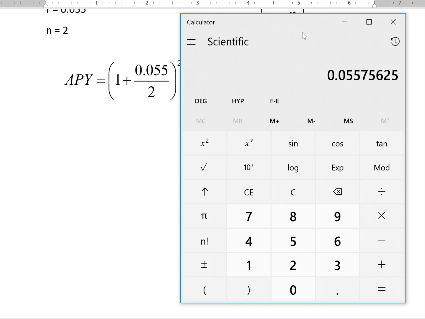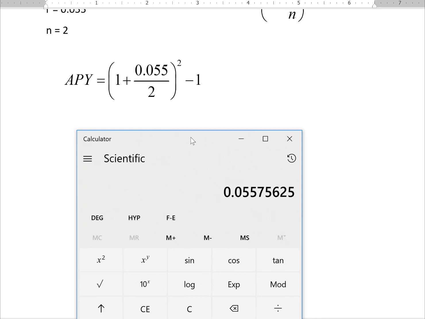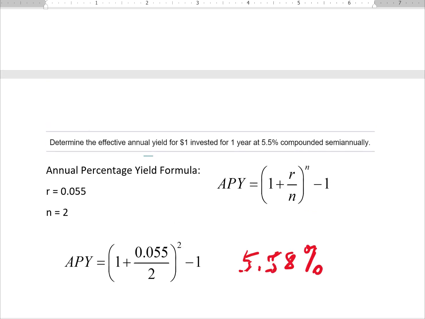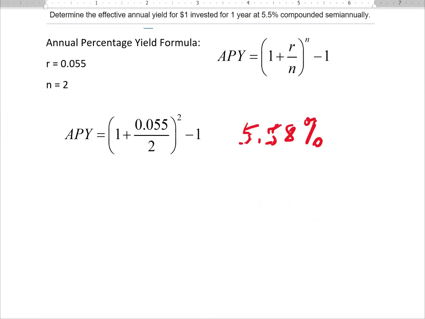And so the effective interest here is actually 5.58%, as compared to the stated interest rate, which was 5.5%. So the yield is always going to be slightly higher than the stated rate.